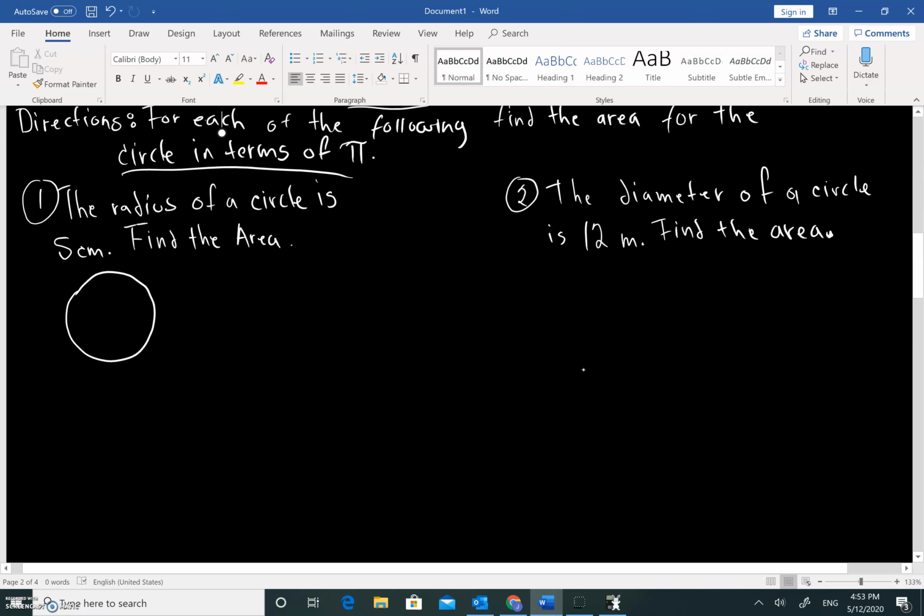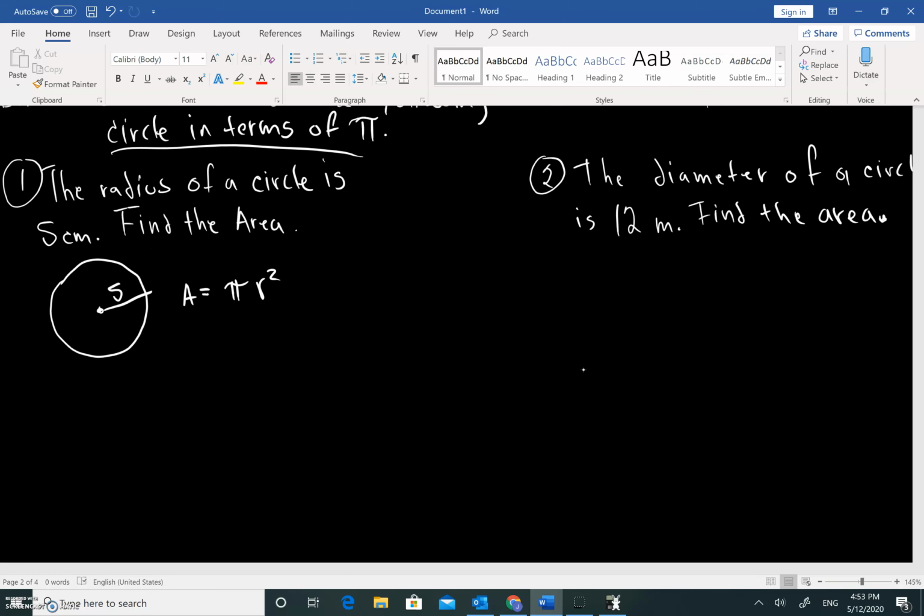So if I draw a circle here, and this is my center, then this is going to be 5, right? The area is equal to pi R squared, where R is equal to what? R is equal to 5. So it's going to be A is equal to pi, and then I'm going to put the 5 in parentheses, and this is going to be squared.